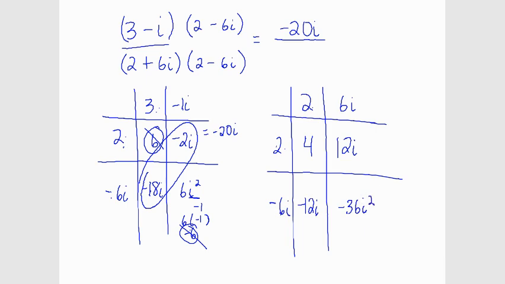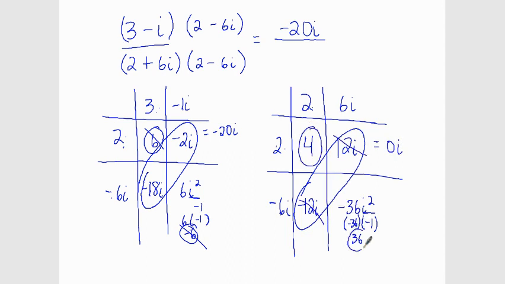Again, this becomes negative 1, and negative 36 times negative 1 is a positive 36. So now when we add our diagonals, notice in the middle the imaginary parts cancel. So this is just 0i. That cancels. And then when we get 4 plus 36, we just get 40. So we get a real part of 40.